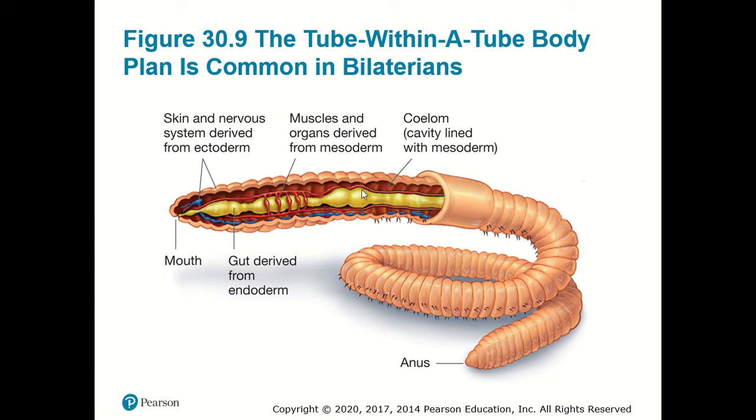This space serves different functions. For example, in this worm, the coelom is full of water and nutrients, and its function is to act as a hydrostatic skeleton, which is going to give support to the animal and allow it to move.